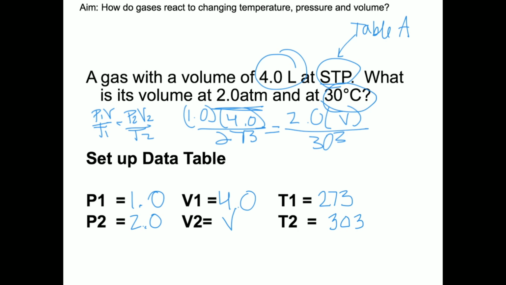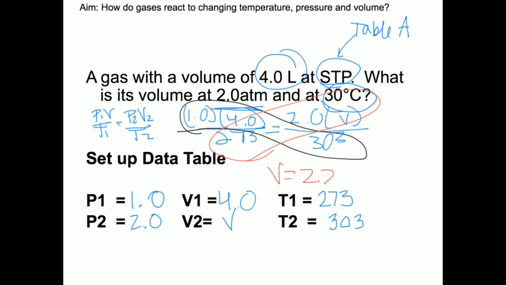Once we get our variables substituted into our equation, we can use cross multiplication to solve this problem. I find that my new volume is 2.2 and will match the units, so 2.2 liters.